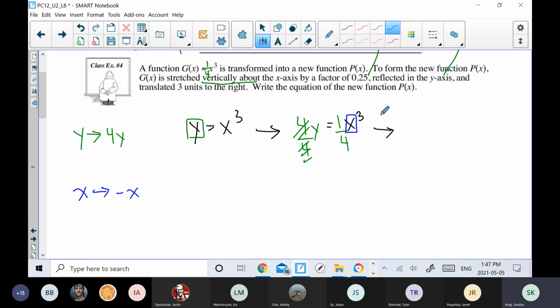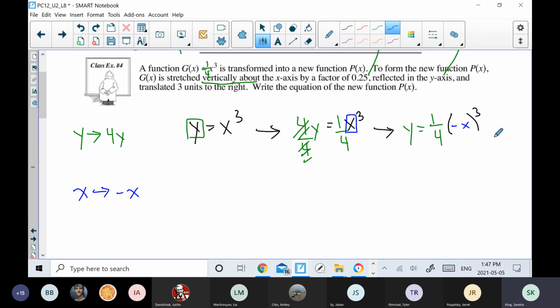I like boxing it in when it's an x replacement. That's coming out, a negative x is going in. The cubed is on the outside of a bracket. So my new equation is going to be y is equal to 1/4, and I'm going to take that x out and put in negative x.